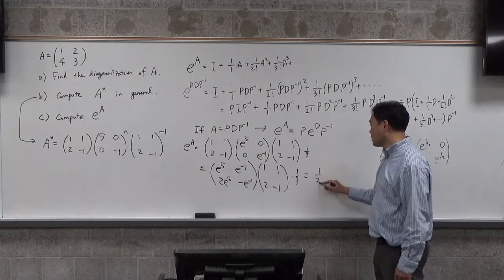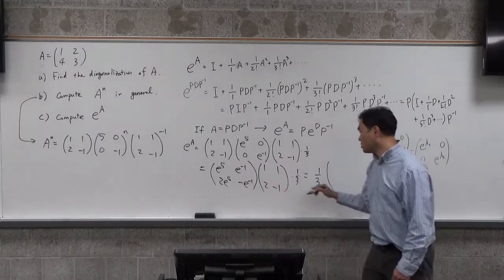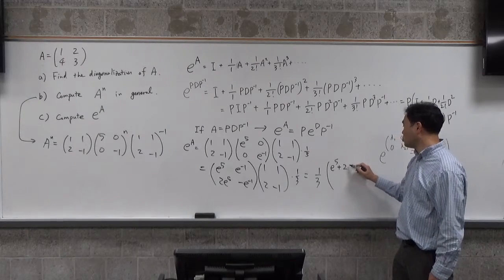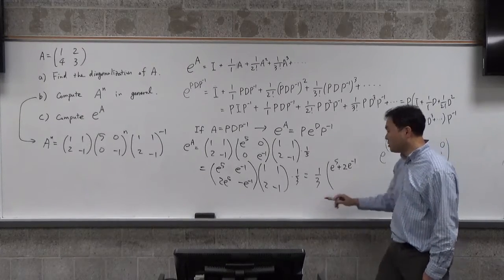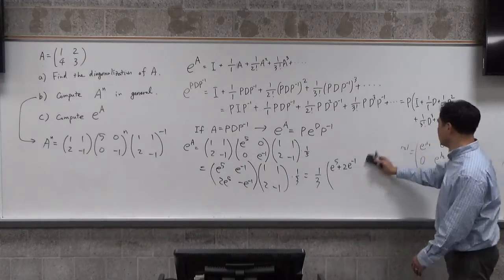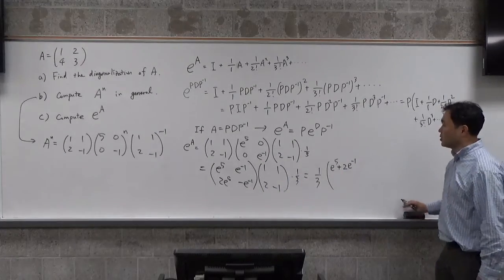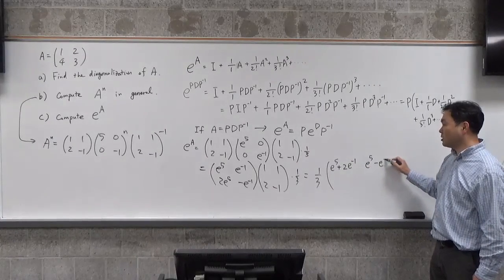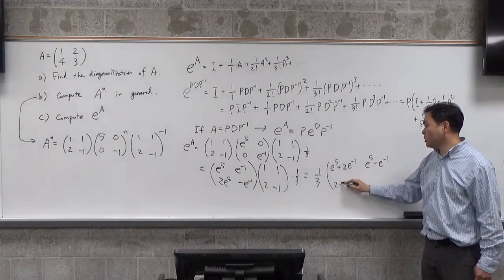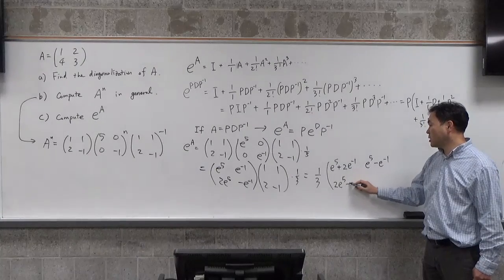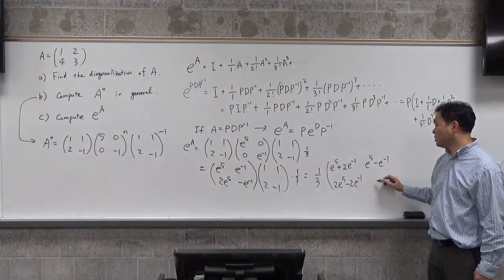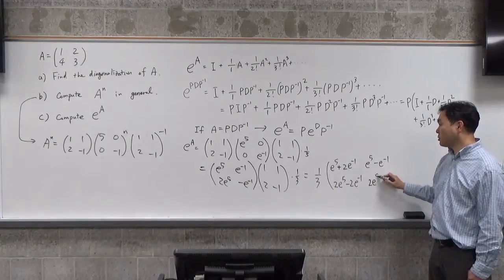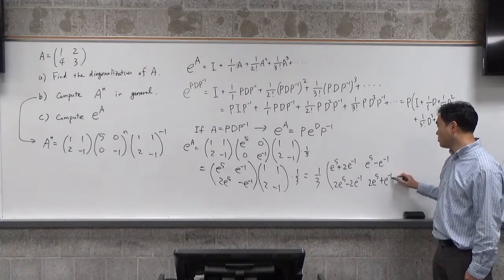So it'll be 1/3 times: e to the 5th power plus 2 e to the negative 1, and then e to the 5th power minus e to the negative 1, 2 e to the 5th power minus 2 e to the negative 1, and then 2 e to the 5th power plus e to the negative 1.